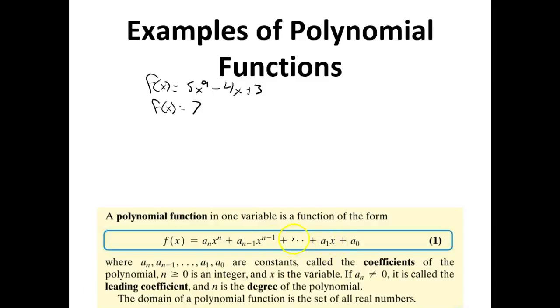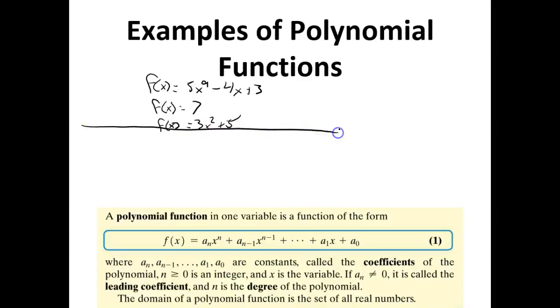All the coefficients in front of the x's were zeros, and we're left with that constant, but it's still a polynomial function. If we have 3x squared plus 5, that's a quadratic, but it's also a polynomial function.